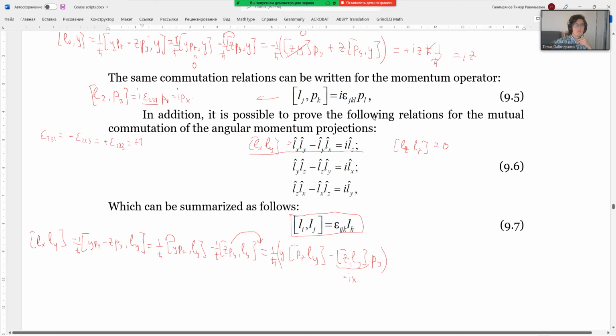So times 1. So Ly Pz equals i Px. That means that Pz Ly equals to minus i Px.